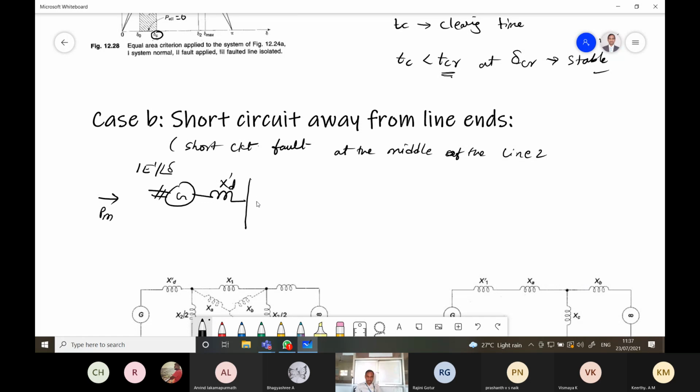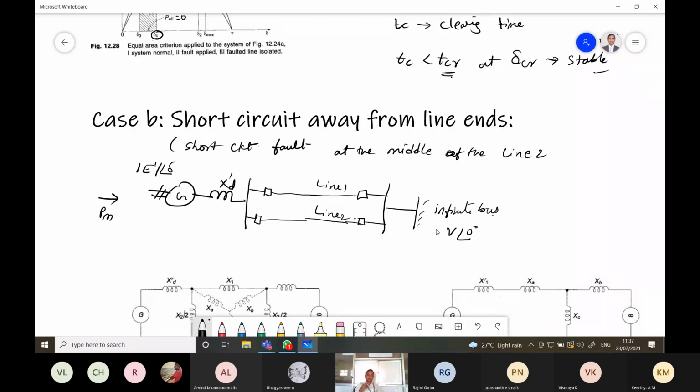So we have two lines, line 1 and line 2. These are the circuit breakers connected to the infinite bus bar. Suppose the fault occurs at this point, the middle of the second line of the transmission line.